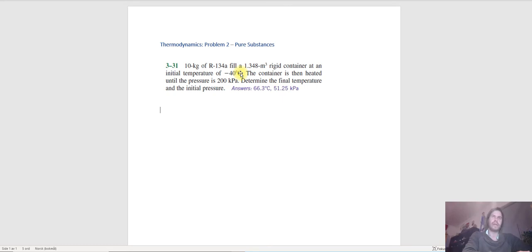It's in a container with an initial temperature of negative 40 degrees Celsius. The container is then heated until the pressure is 200 kilopascal. Determine the final temperature and the initial pressure.